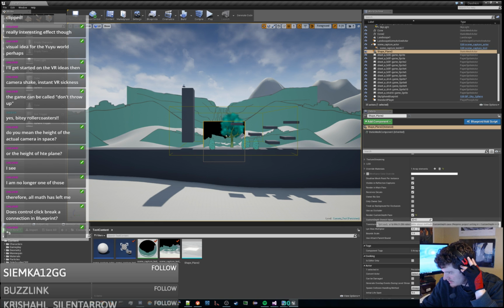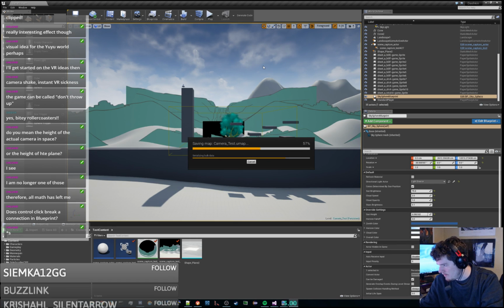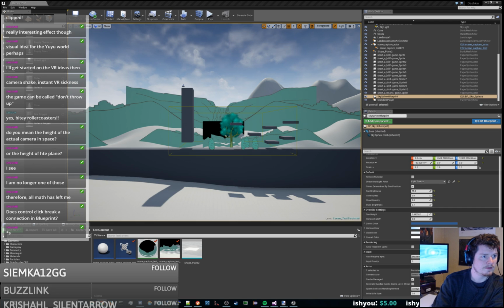Depth stencil value should be... I want to do a per pixel custom depth pass. I don't know if this is available. I don't think we can do it. It doesn't look like it has a per pixel depth on an Unreal 4 material.